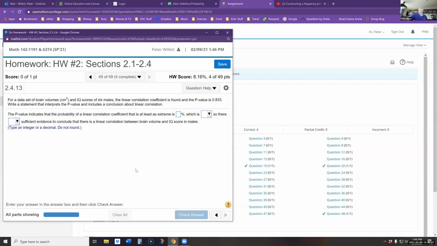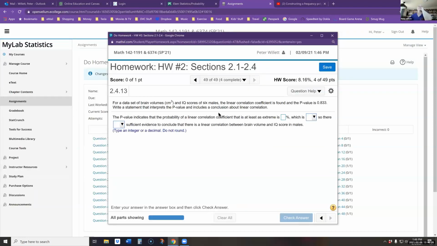This one? Yes. So they're still talking about brain volumes, IQ scores. This time they have 6 males, and now they're talking about the p-value instead of the linear correlation coefficient R. They're not showing us the data.